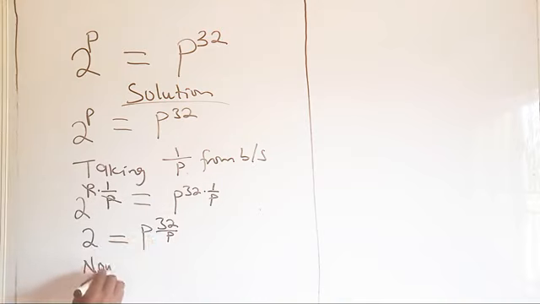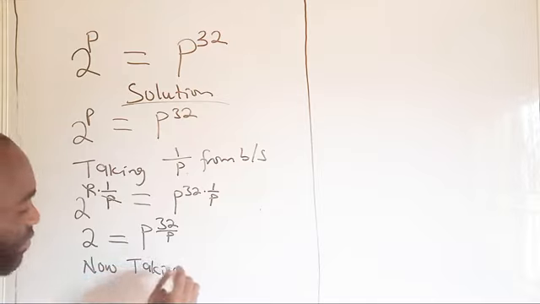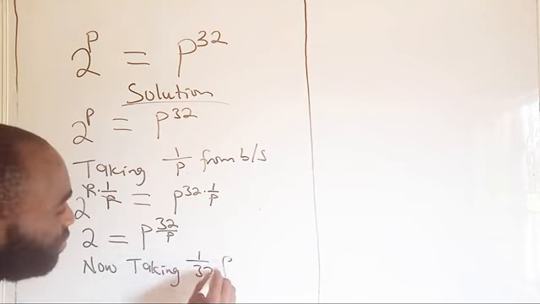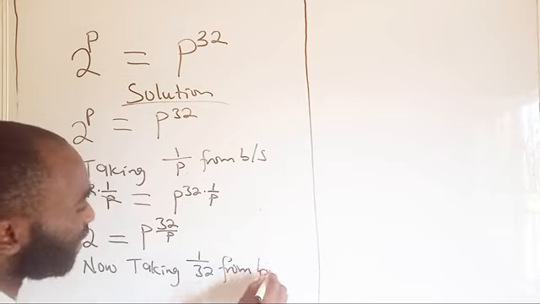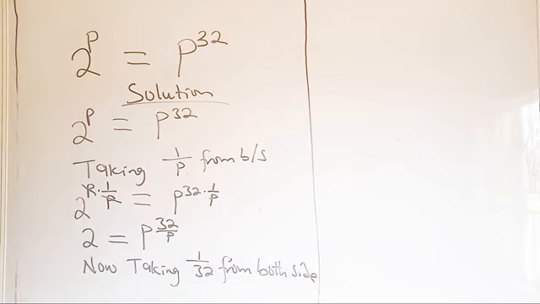Now, taking 1 all over 32 from both sides. So we are taking 1 over 32 from both sides.